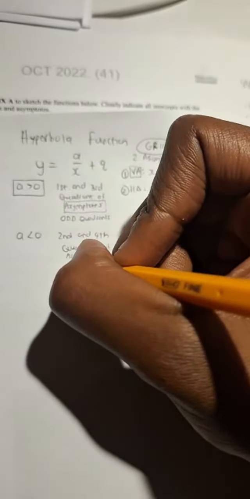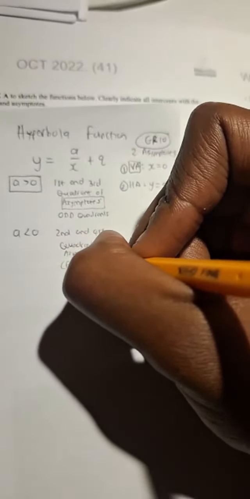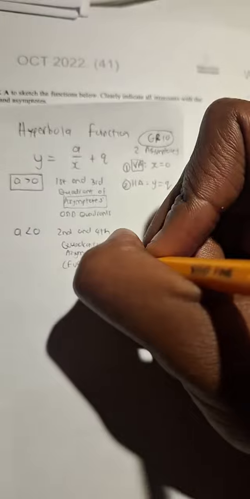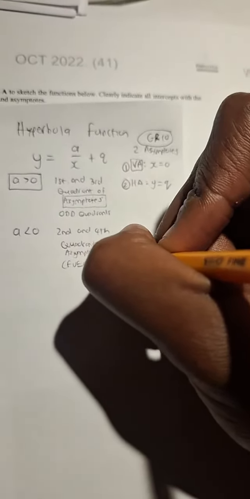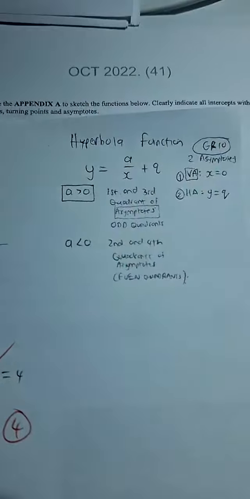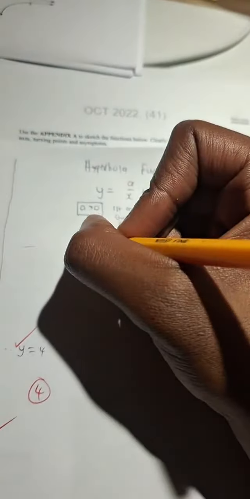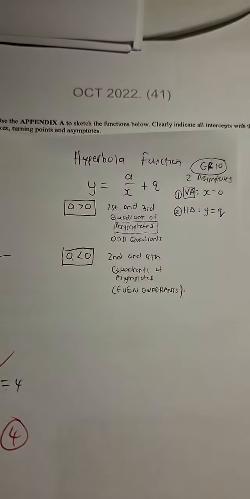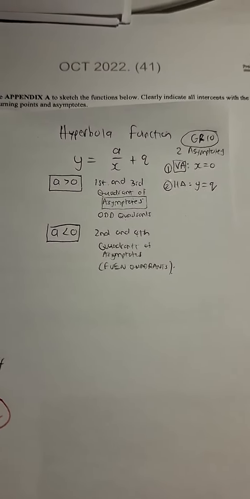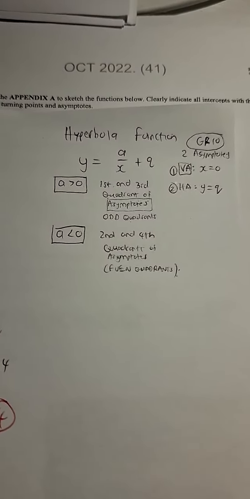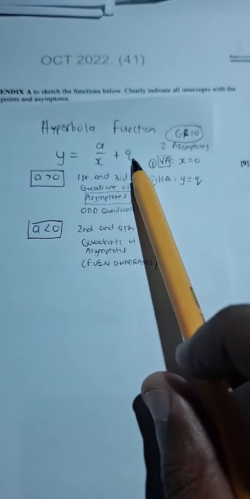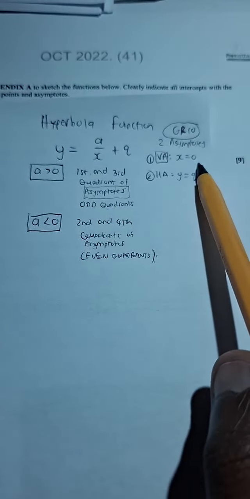So we say that they are found in the even quadrants. If we understand this, then we are good. And I've already explained the fact that we have 2 asymptotes.